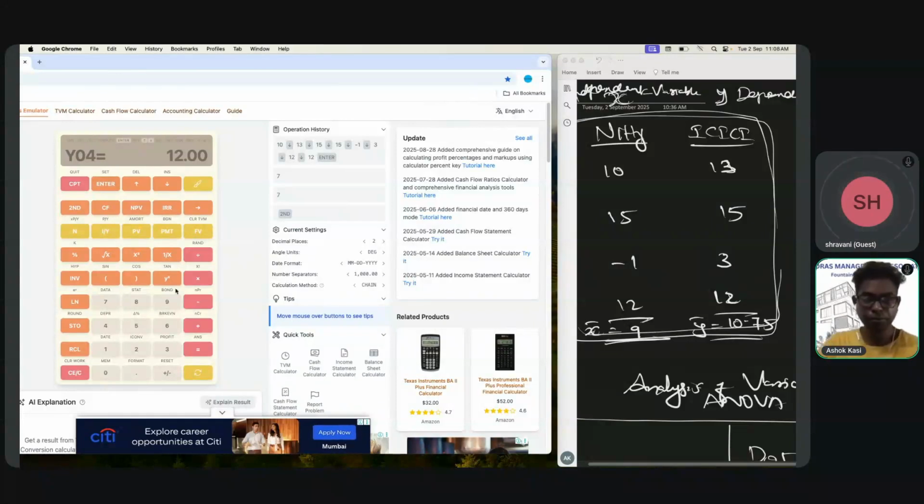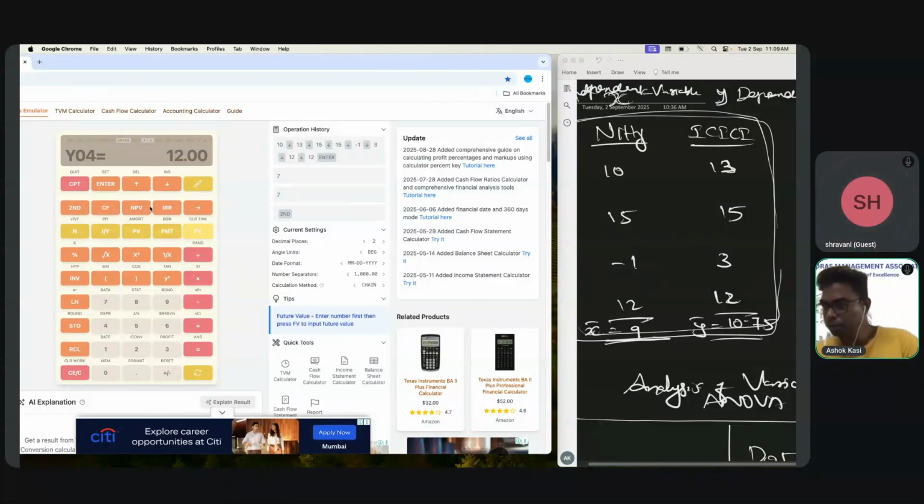Yes. Yes, sir. Then you have keyed in the numbers. Now for the output, you have to click on the stats function.